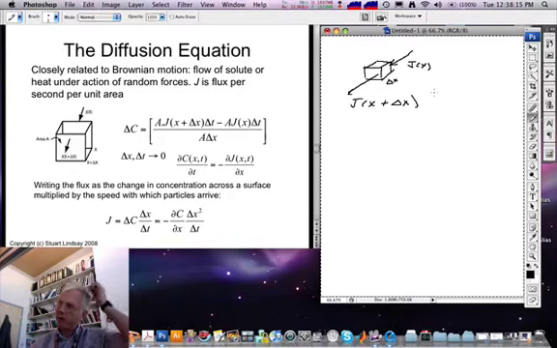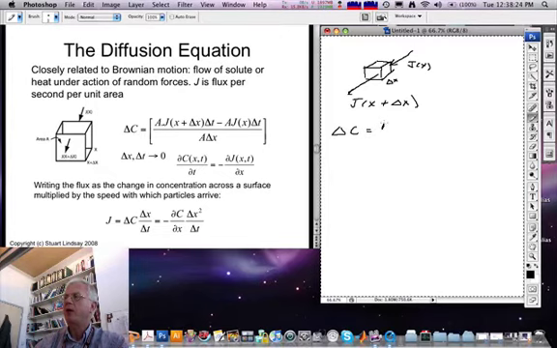Then if J is the number of particles per unit area per unit time, the change in concentration in the box must just be equal to the area times the flux out times a unit of time, minus the area times the flux in times a unit of time.